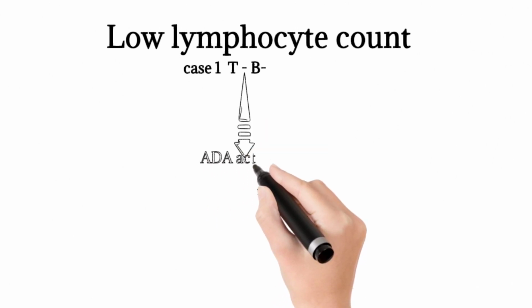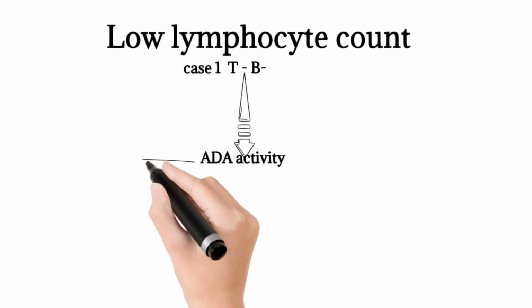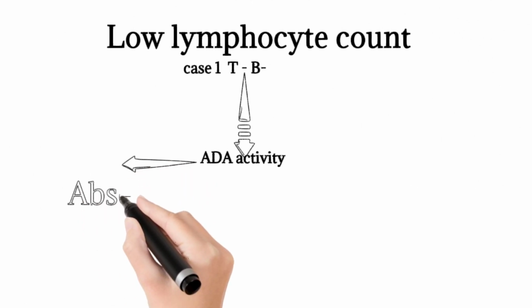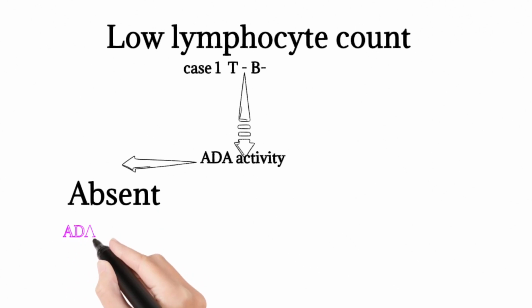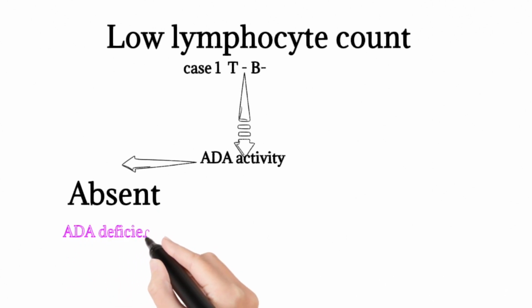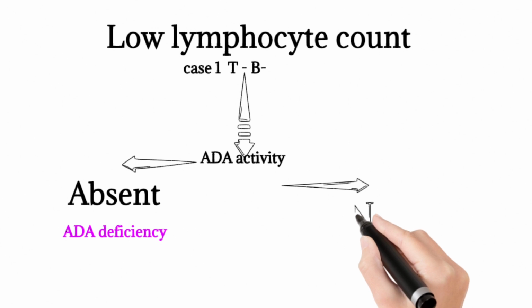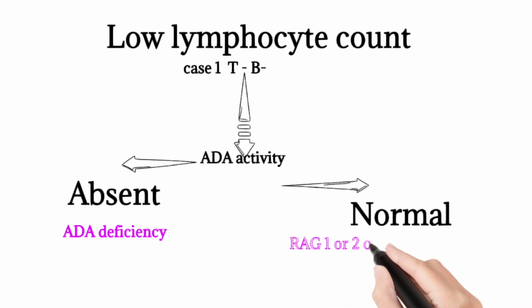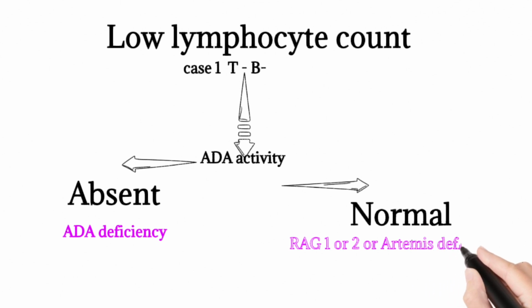Then we go for ADA activity. If ADA activity is absent, we have ADA deficiency. If ADA activity is normal, we have RAG1 or RAG2 or Artemis deficiency.